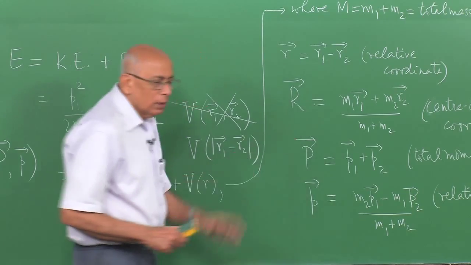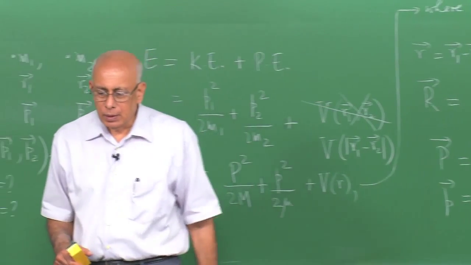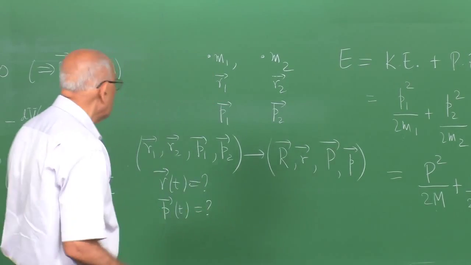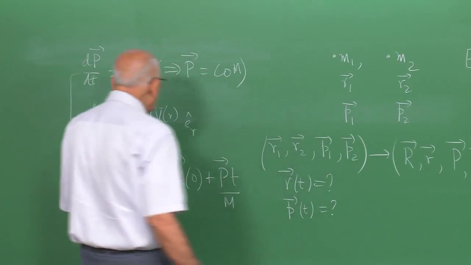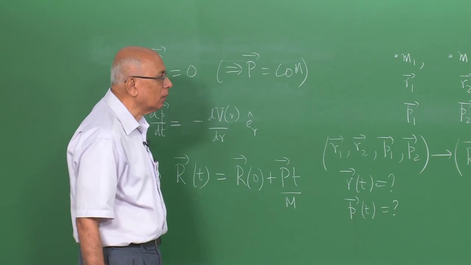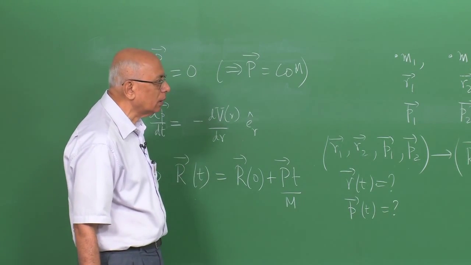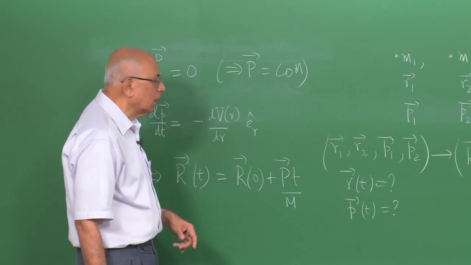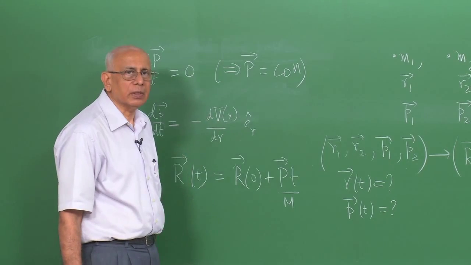So this is how a general two-body problem, a central force two-body problem, gets reduced to an effective one-body problem moving in a potential, a certain potential V of r, a specified potential, from which we can find the equation of motion, and attempt to solve this equation of motion.